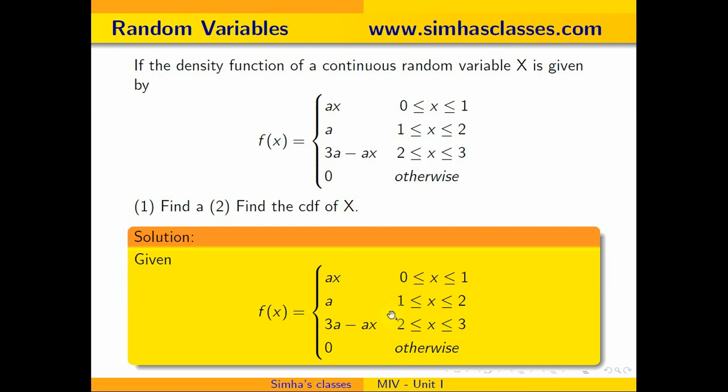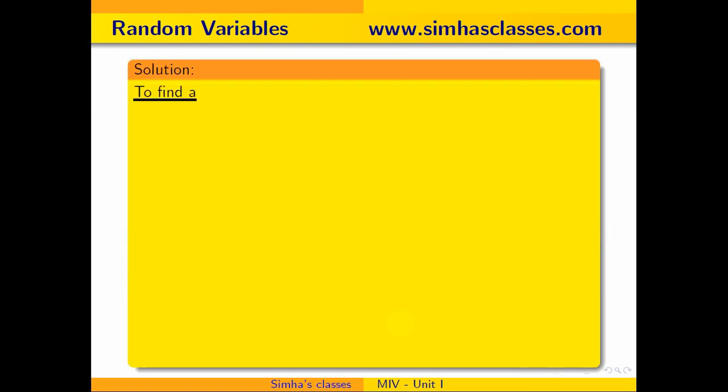So given f of x, which I have written here, the first thing is to find the a value, and we know that the integral from minus infinity to plus infinity of f of x dx is equal to 1, since it's the PDF and the total probability is supposed to be 1. Looking at the problem, it is split into 3 intervals.